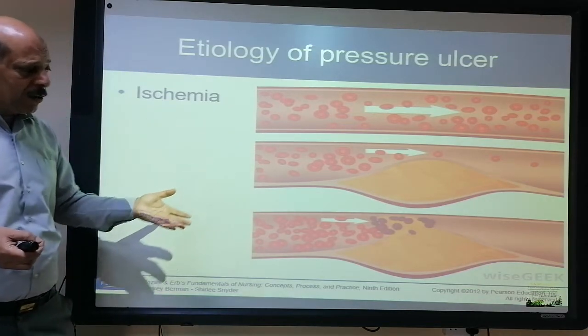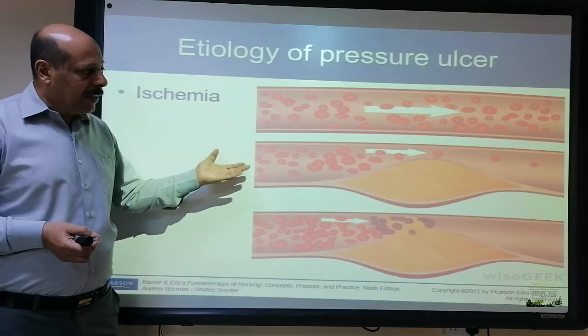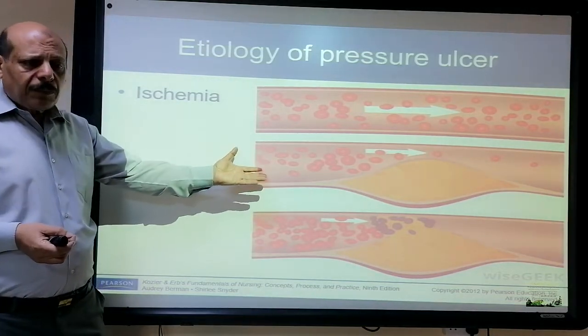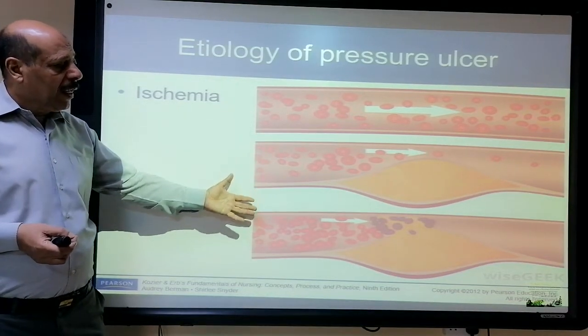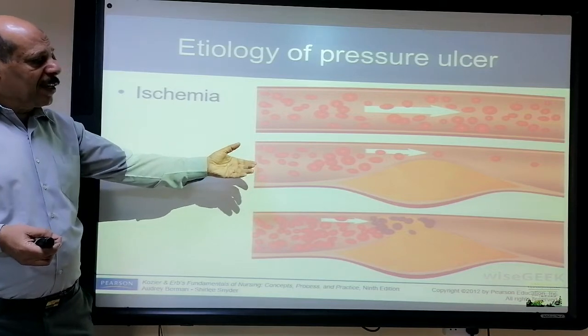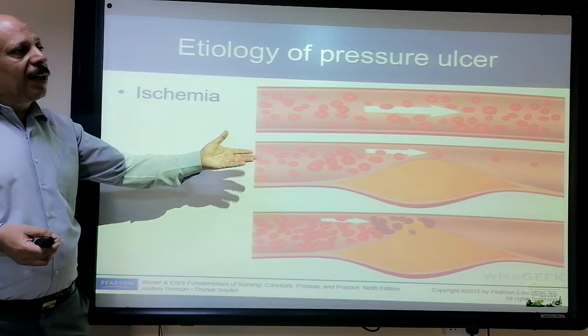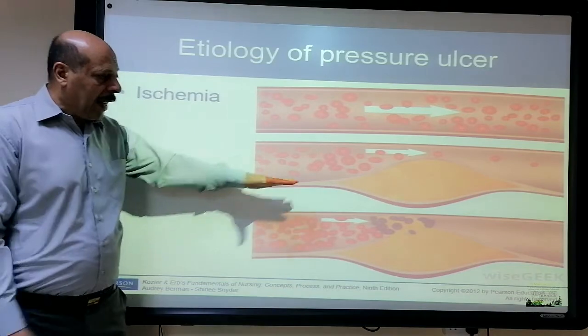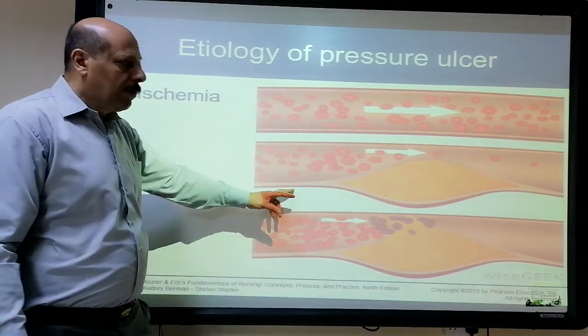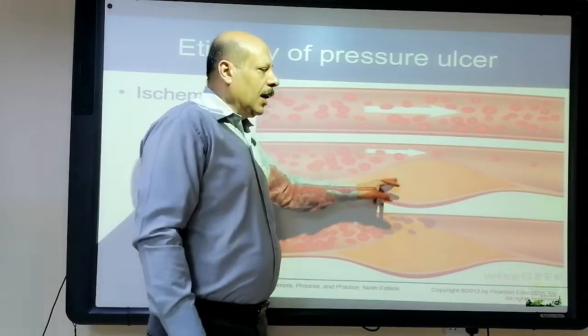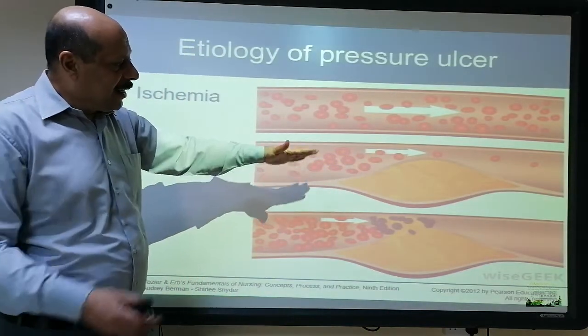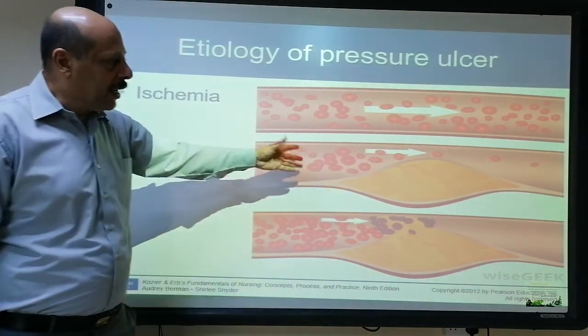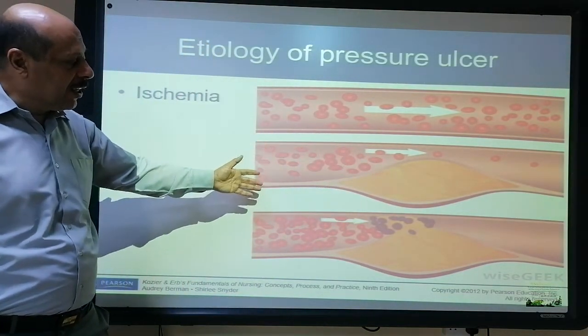There are other factors that might lead to ischemia, which are thrombosis and also the formation of fats in the wall of the vessels, which is atherosclerosis or sclerotic changes.